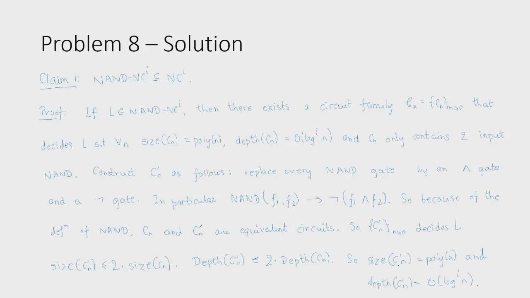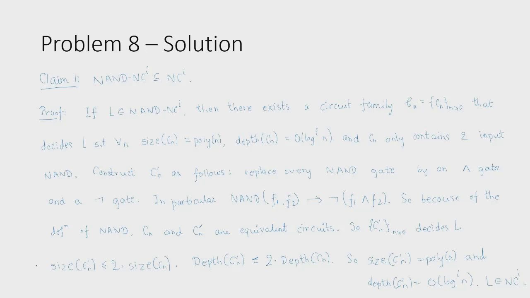So in particular, this family of circuits C prime n is also a family of NC^i circuits. So L is in NC^i. This proves one direction, and since this is true for every language in NAND NC^i, this means that NAND NC^i is contained in NC^i. So this proves one direction.